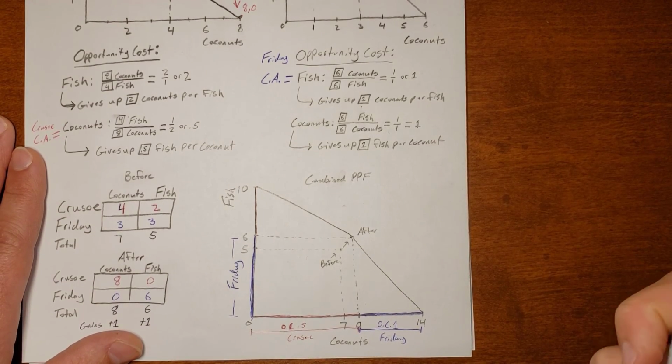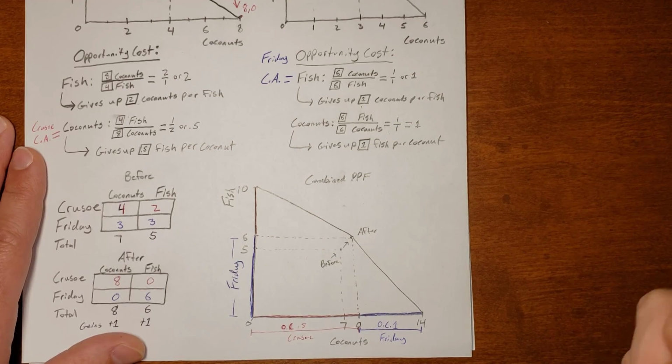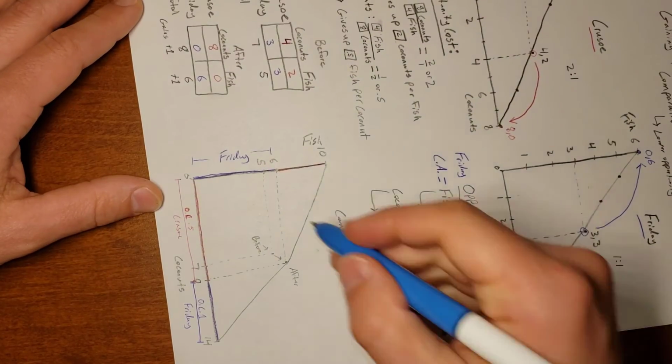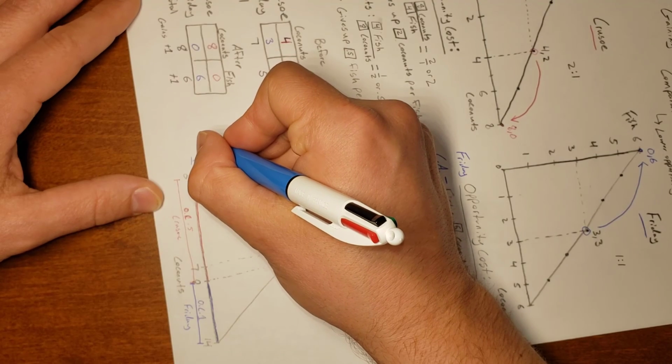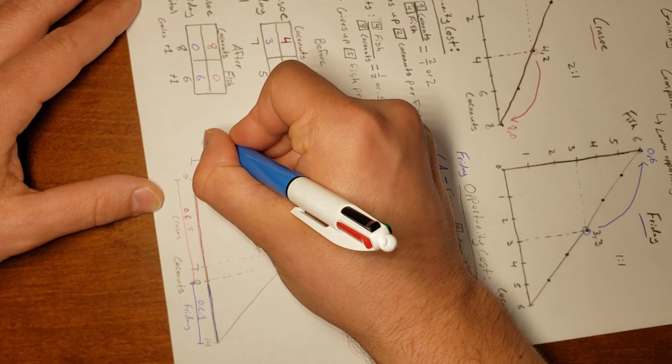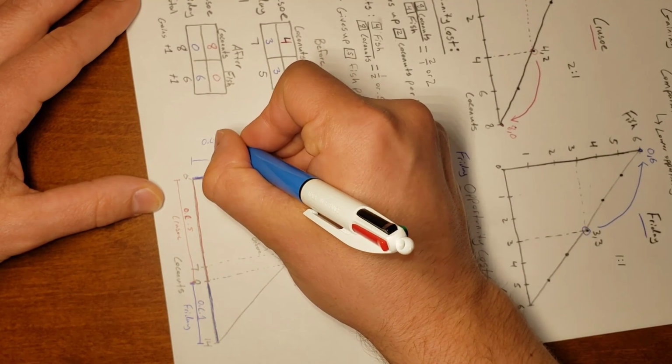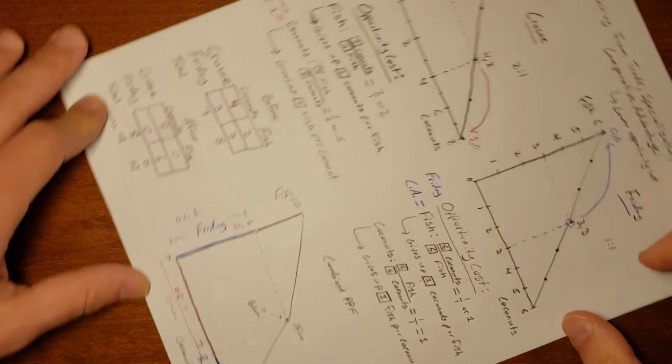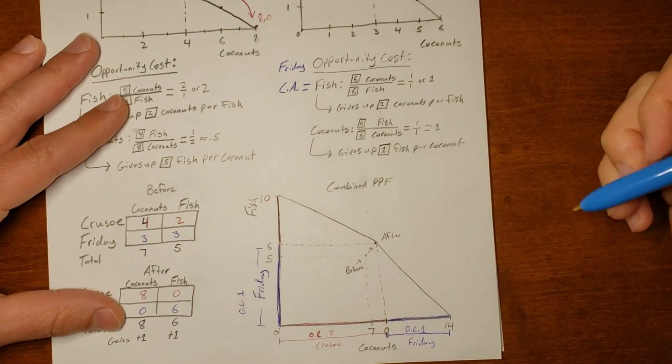Okay, so let's also look at it on the other end. So when Friday is producing fish, he's producing them at an opportunity cost of 1 coconut per fish, okay, or 1 to 1.